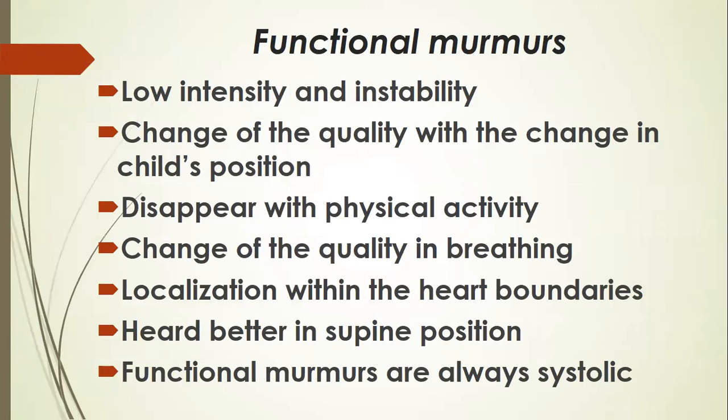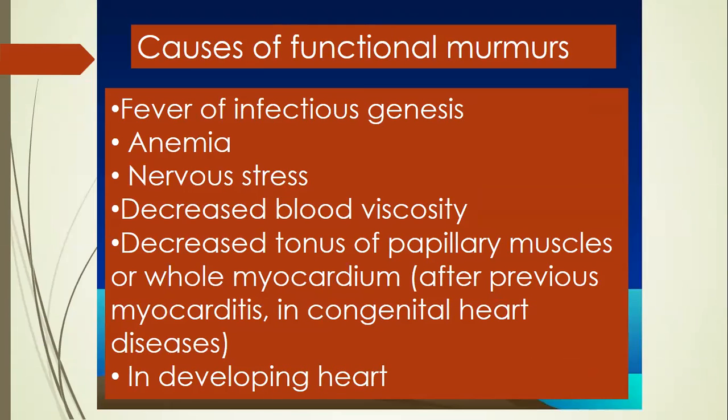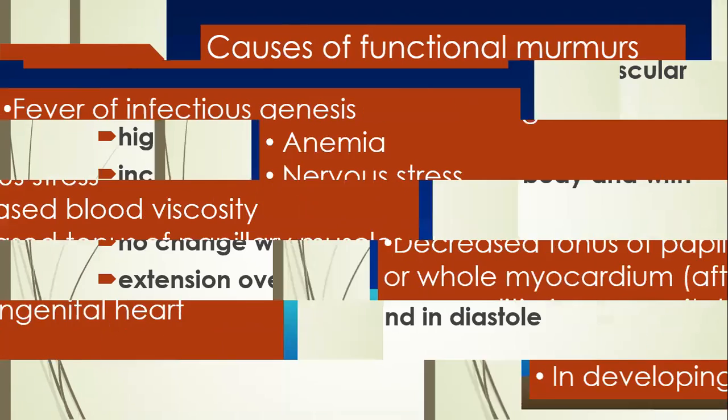Functional murmurs, as a rule, have low intensity and instability, change of quality with change in the child's position and in breathing, localization within the heart boundaries, are heard better in supine position, and are always systolic. Causes of functional murmurs are the following: fever, infections, anemia, nervous stress, decreased blood viscosity, myocarditis, and the developing heart.